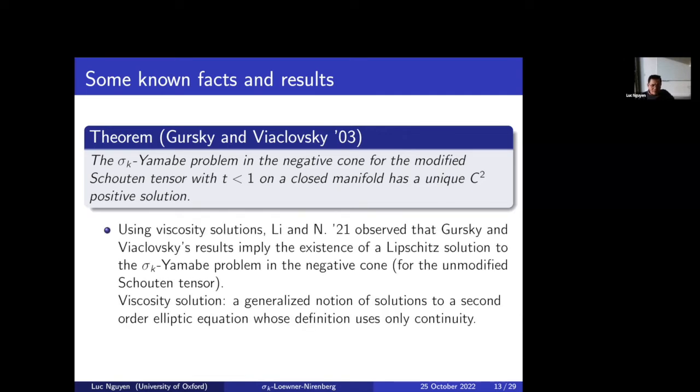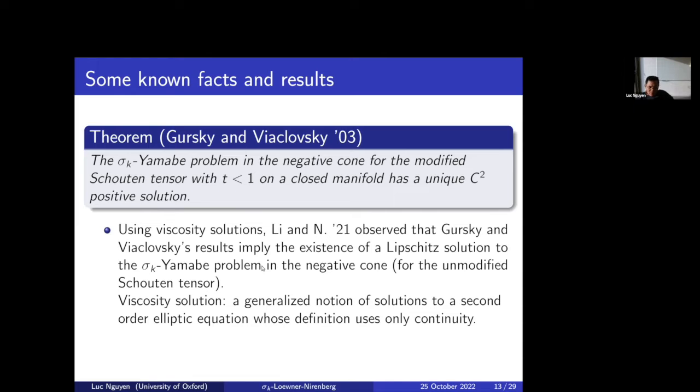So in the last couple of years, Yan and I observed that if we use, instead of the notion of classical solution, the notion of viscosity solution, then the result that Gursky and Viaclovsky obtained can be used to deduce the existence of a Lipschitz viscosity solution in the case t is equal to 1. That more or less says that the sigma k Yamabe problem on a closed Riemannian manifold is solved.